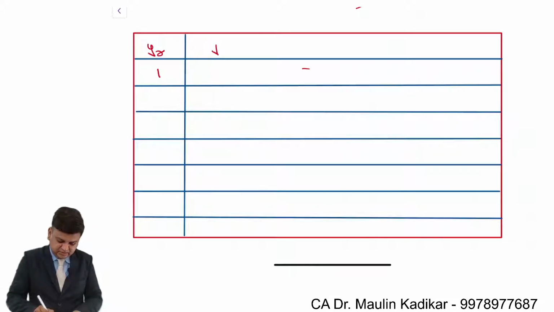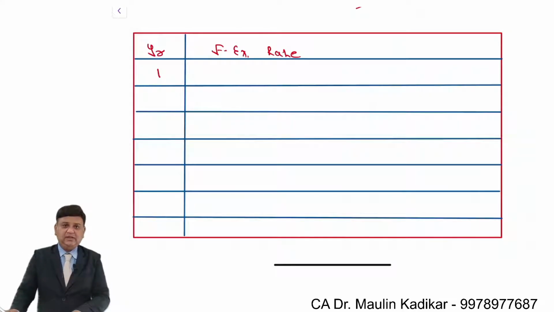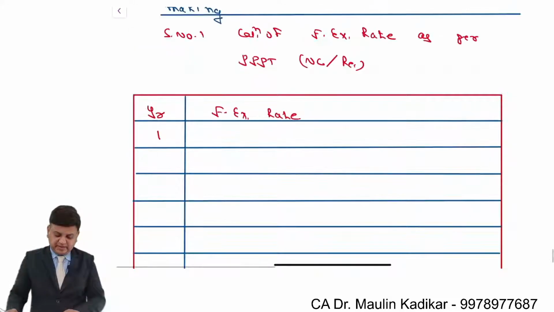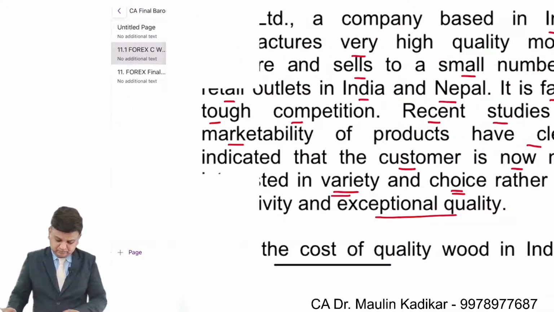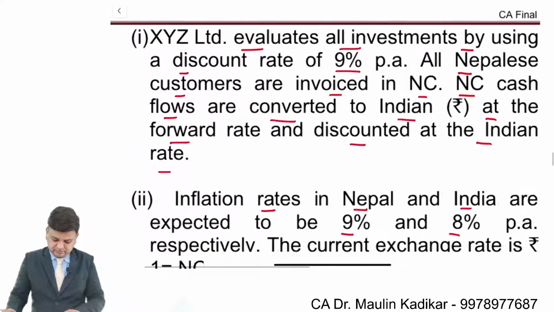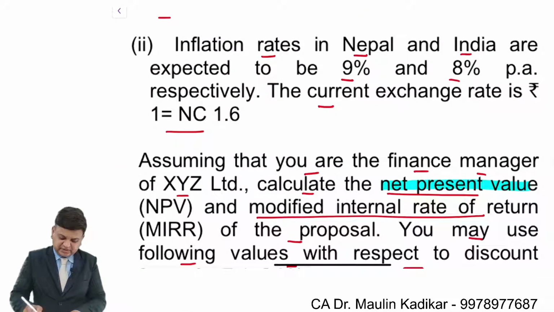First here, I am writing the forward exchange rate. Dear students, the spot exchange rate is provided to us as 1.60. This is the spot exchange rate, 1.60 Nepalese currency per rupee.